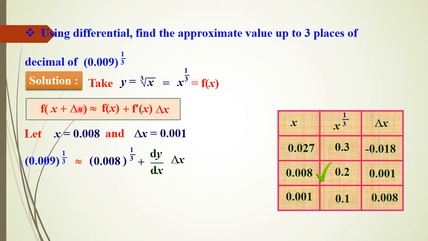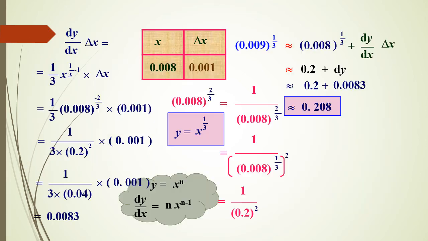Now use the standard form to simplify the given approximate value of the cube root. So the given term is equal to 0.008 whole raised to 1 by 3 plus f dash of x, which is called dy by dx, and delta x is written as it is. Next, find out dy by dx into delta x.